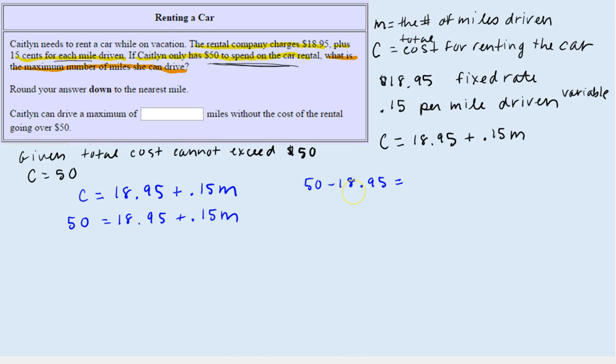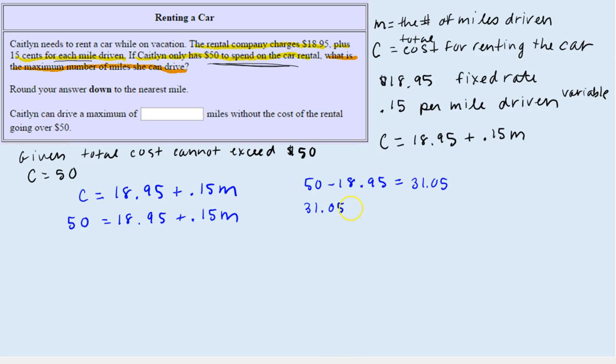So this difference, that's $31.05. And then we could think, well, it's 15 cents a mile. How many 15 cents are in $31.05? Well, that's just a division problem.